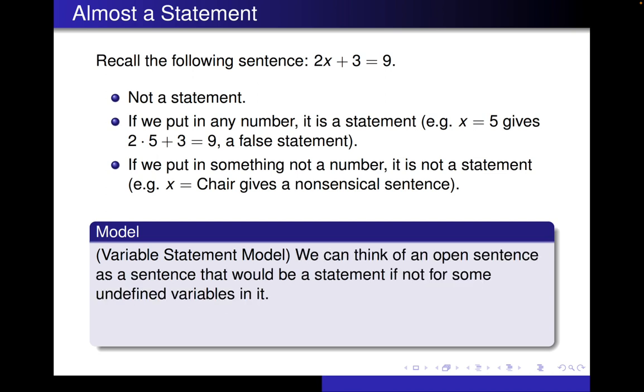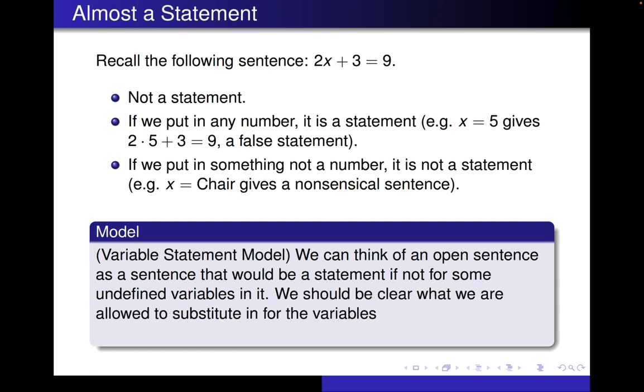So we can think of an open sentence as a sentence that would be a statement if not for some undefined variables in it. However, we should be clear what we're allowed to substitute in for the variables. In other words, define what we're going to call the universal set. So we need the set of things that we can put in for our variables to make it a statement.